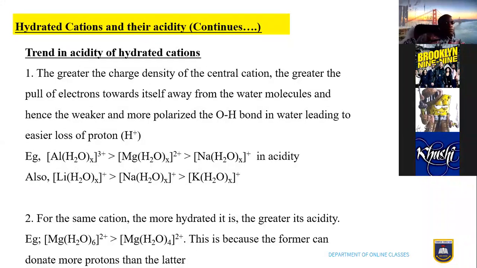Say Be(H2O) subscript 4, all in brackets with charge of plus 2, followed by Mg(H2O) subscript 4, all having charge of plus 2, then Ca(H2O) subscript 4, all having a charge of plus 2.